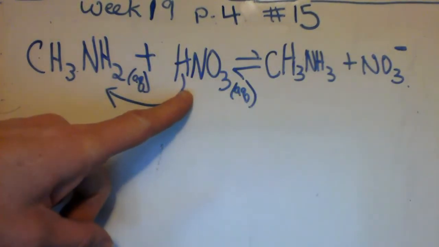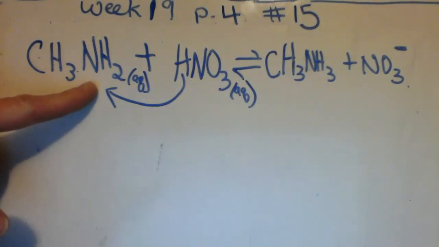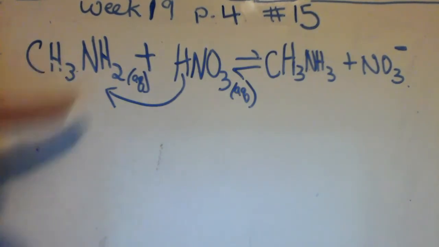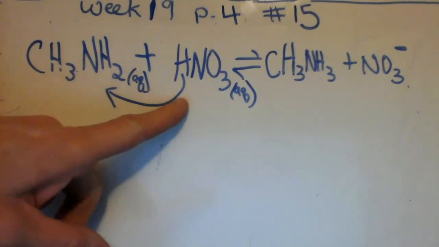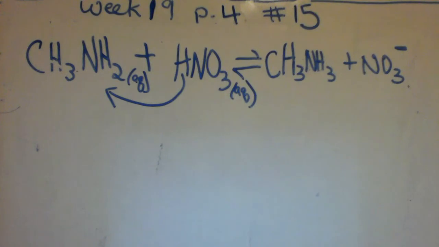When a hydrogen ion is added to another molecule, since it has a positive charge, it's going to go to a place where there is a polar configuration. And we know that nitrogen and hydrogen bonded together have a polarity.